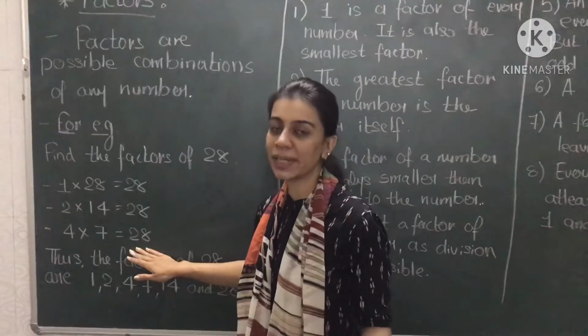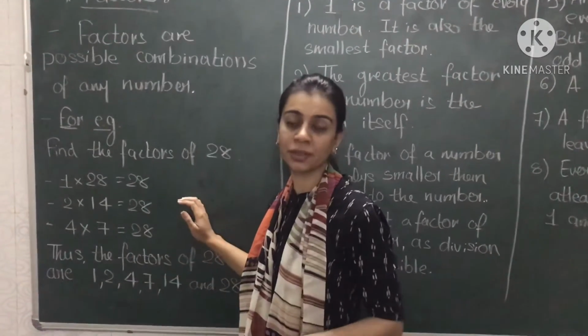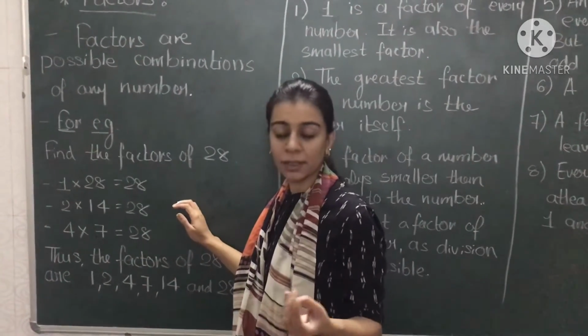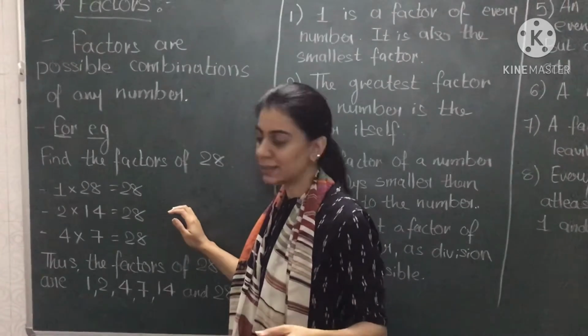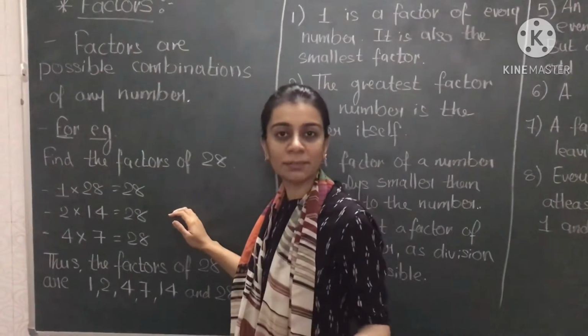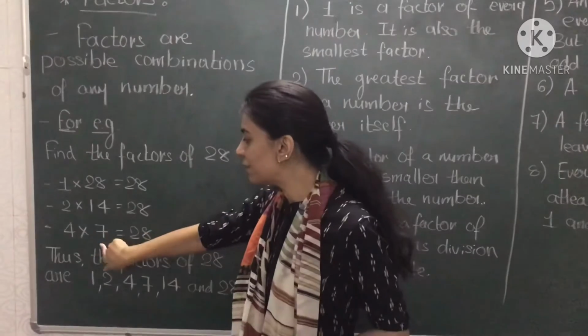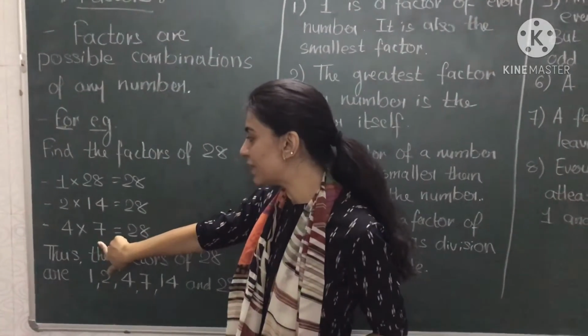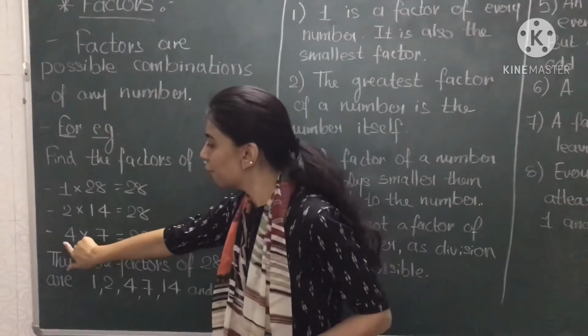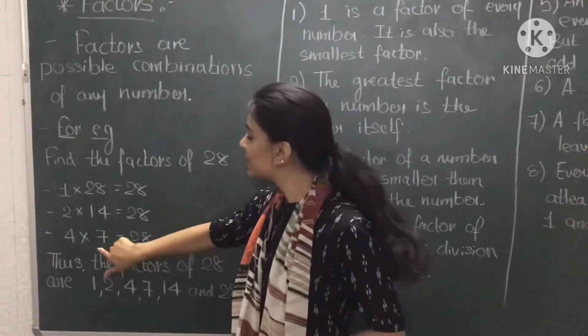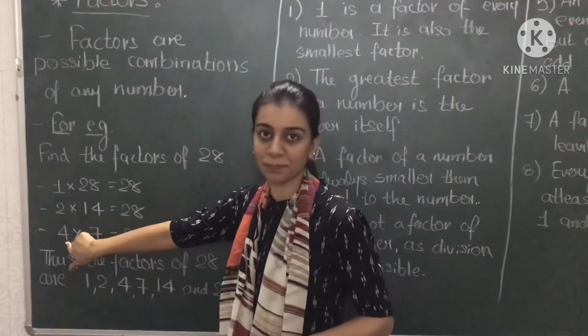Now think about the next possibility, next combination. But you don't get 28 in 5 or in 6. So move to the next number, that is 7. But 7 cross 4 equals 28 is already written because 4 cross 7 or 7 cross 4 is the same.